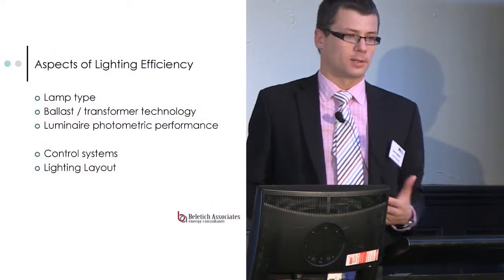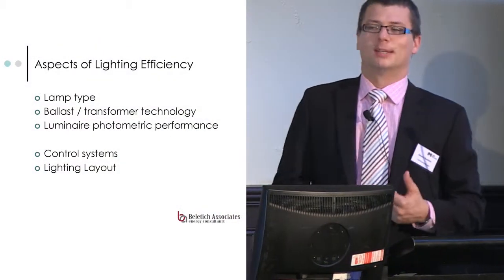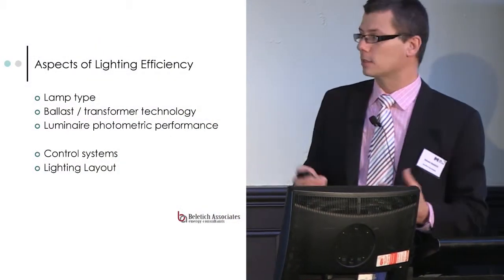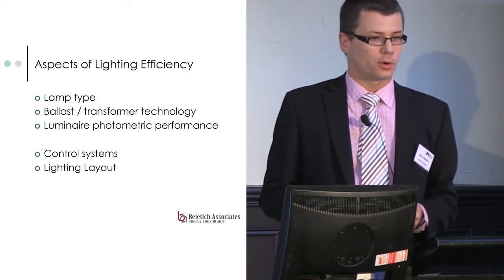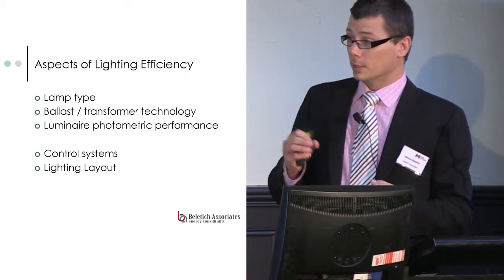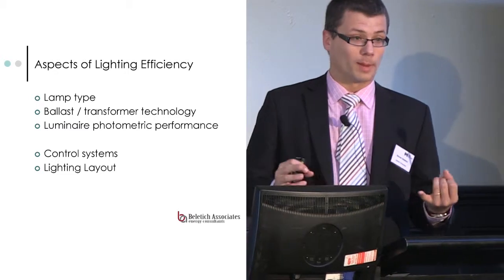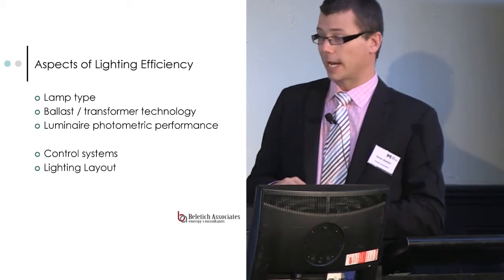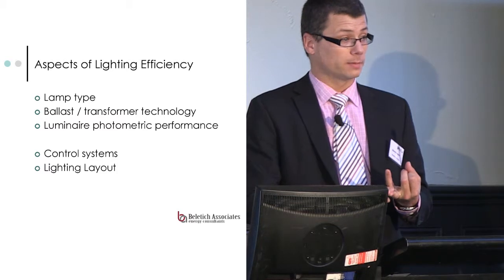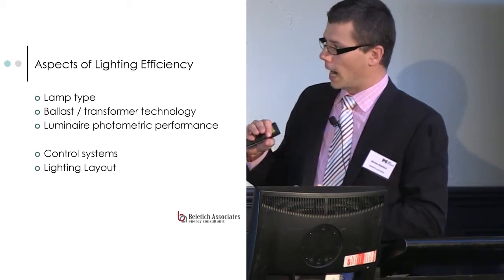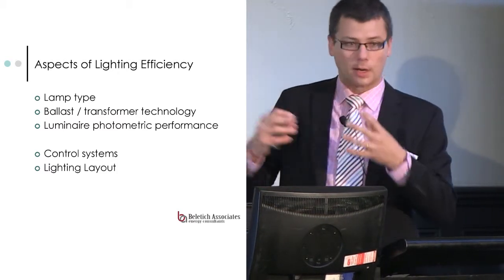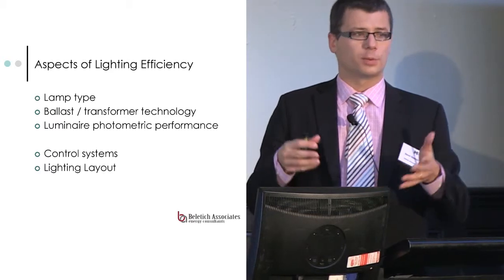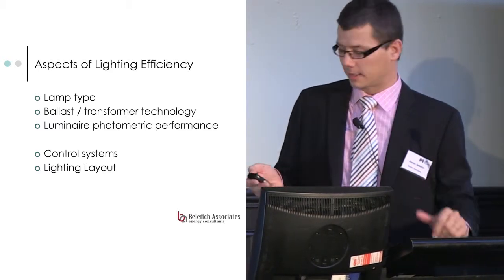It's worthwhile to switch the lights off when they're not being used, switch them off when there's sunlight coming in. So control systems, intelligent control systems, which can switch lights off when people leave the building automatically, can detect if there's someone in their office, for example, or in the toilets, can detect if there's sunlight coming in through the windows and switch off the lights if there's enough light, or dim the lights if there's enough light.